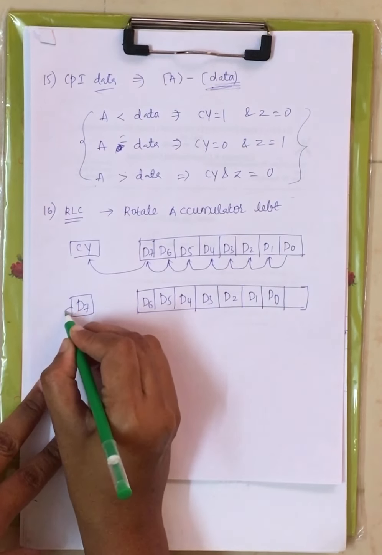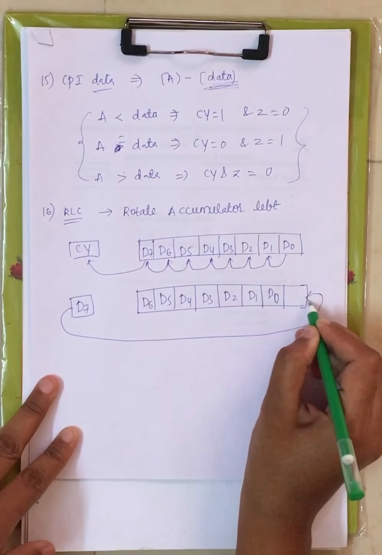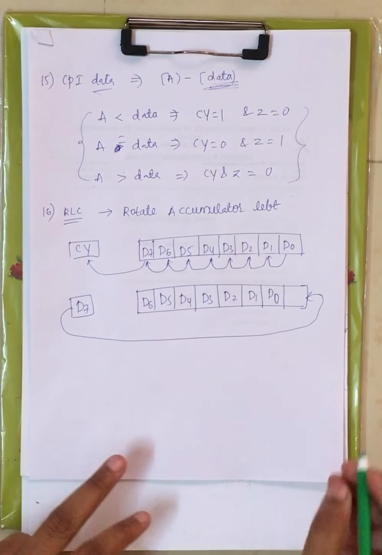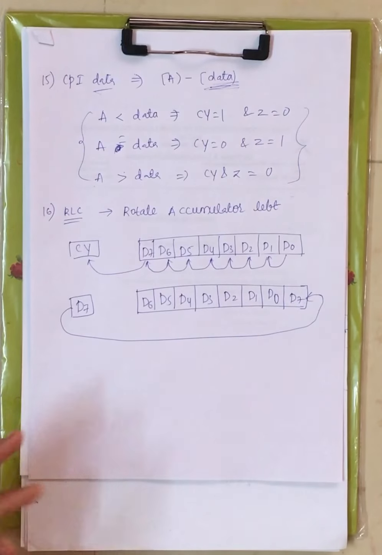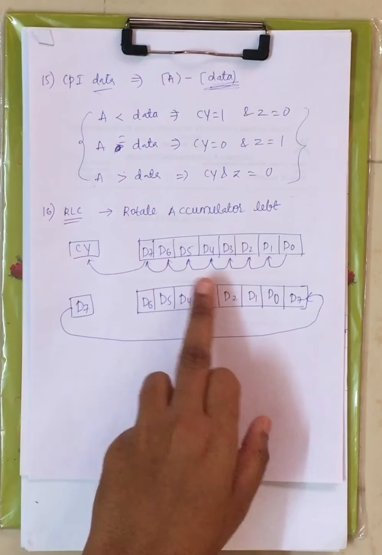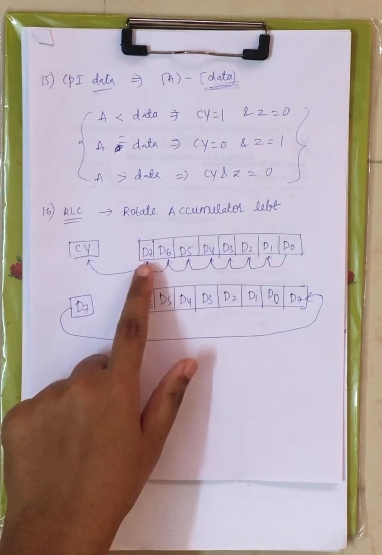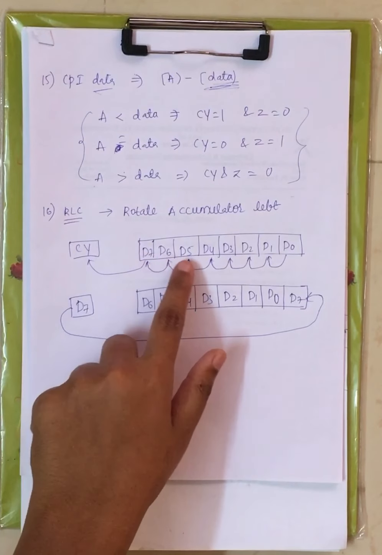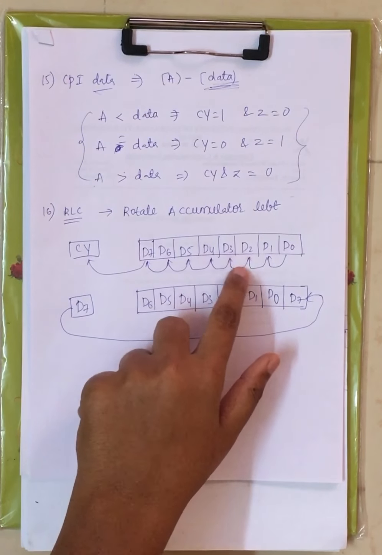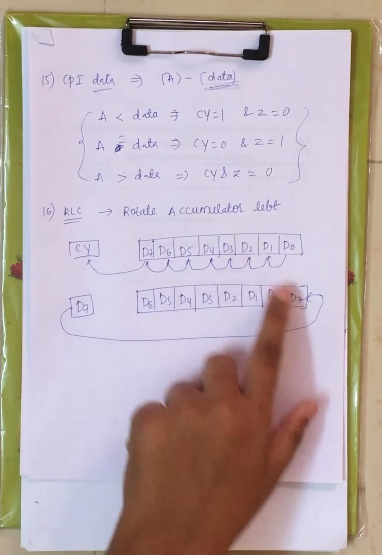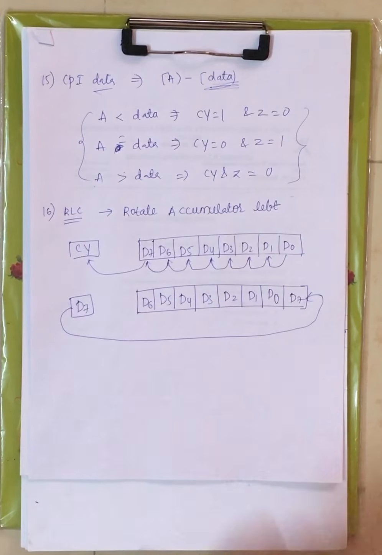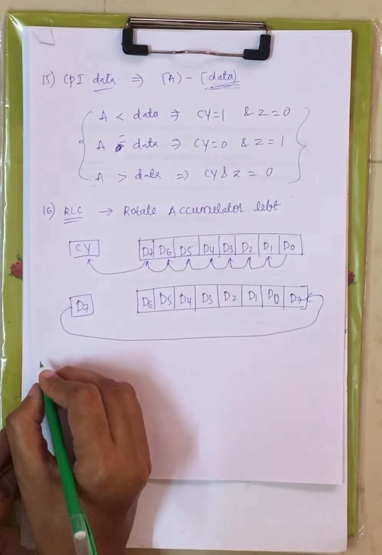This D7 is carried end-on, whatever the D7 is, that is replaced into D0. That is the rotate. This is how the operation of RLC works, shifting each bit by the adjacent left position, and this bit is rotated. Now this is about the RLC instruction.